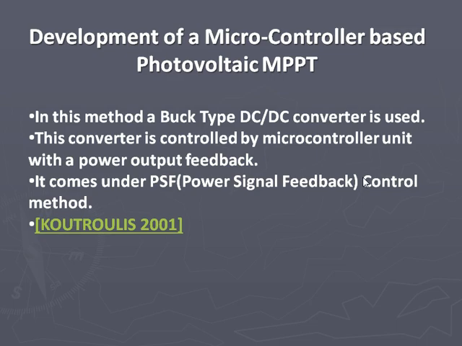I'll explain what actually PSF control methods are. Basically, there are three types of control methods in turbine systems. First one is PSF, power signal feedback, and the other one is HCS, hill climbing searching, and the other is TSR, which my idea is about, which I'm working on. What does TSR stand for? Tip speed ratio.